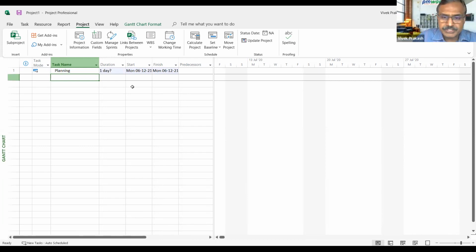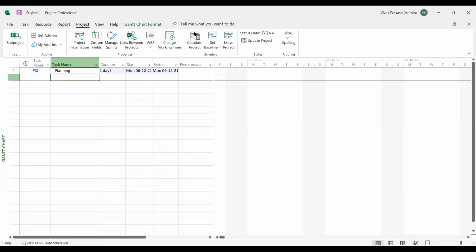Pre-construction and post-construction. So what is pre-construction? Designing, planning. Okay, and then the groundwork on the ground, right? Okay, so planning and designing.